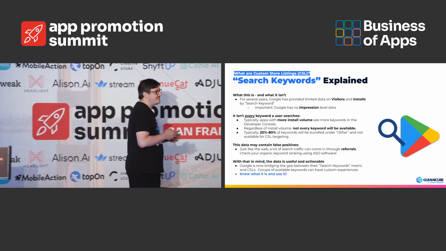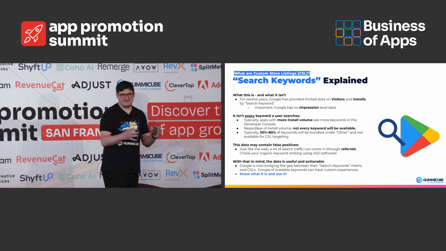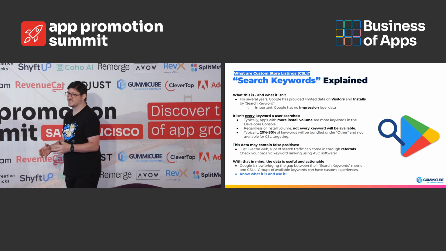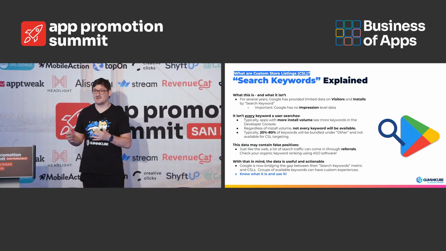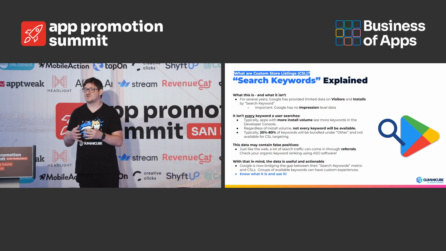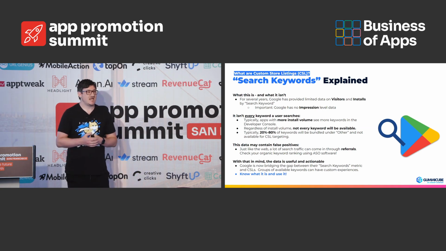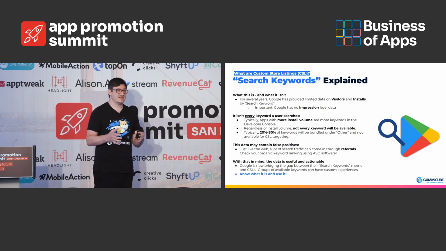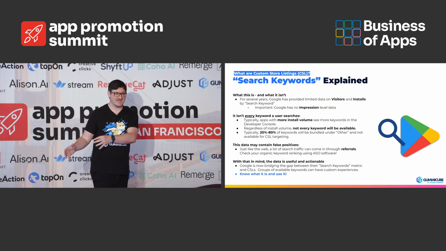Now, within Google's console, they have this feature called search keywords, and that feature kind of relates to what's going on with custom store listings. Essentially, Google is reporting some keywords that users come from when they're searching in the store and how they land in your store listing. It's important to remember a couple things. This is Google saying, here's where users come from, not here's where the opportunity is, right?